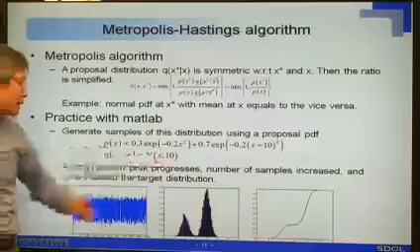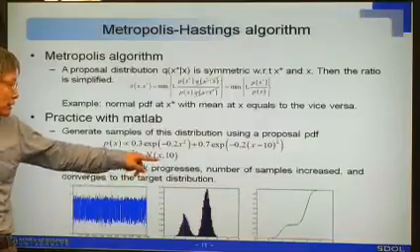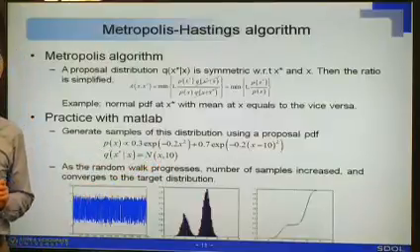In this case, I introduce the normal distribution with the mean at an existing point x and the standard deviation always 10.